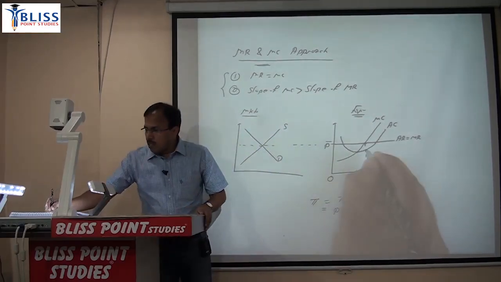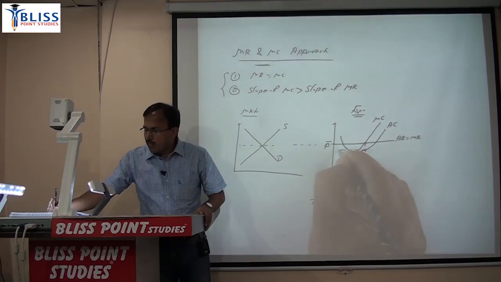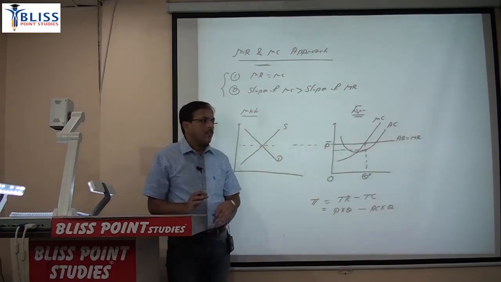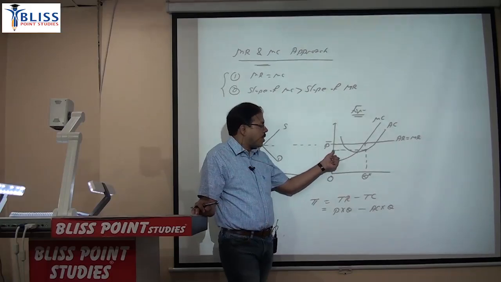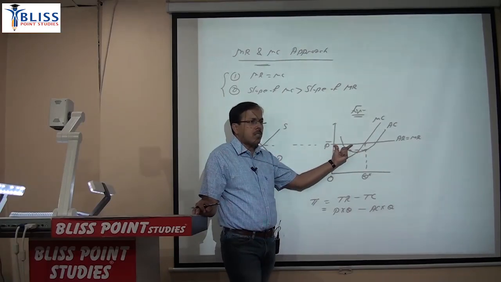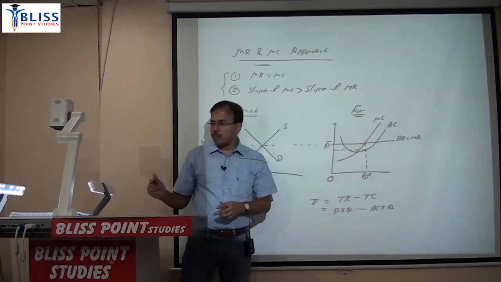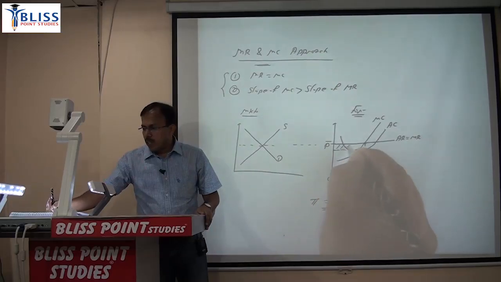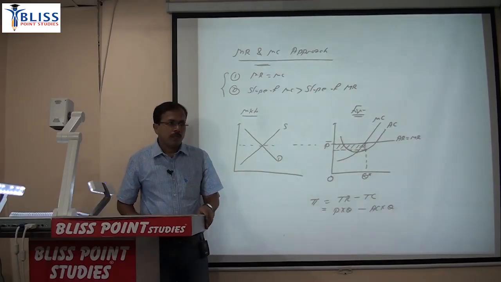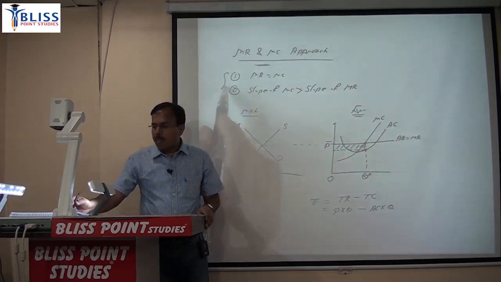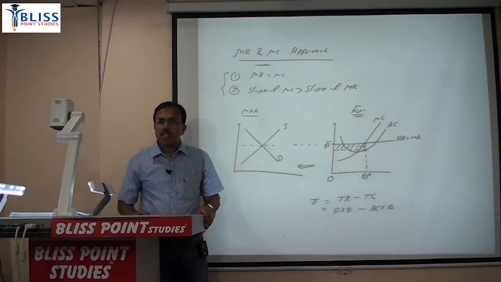So this quantity multiplied by this, you will get this area. So this total rectangle is revenue. This one is cost. So this gap is profit. So this will be the area of profit. So when you apply that MR MC, this will be your first diagram for profit.